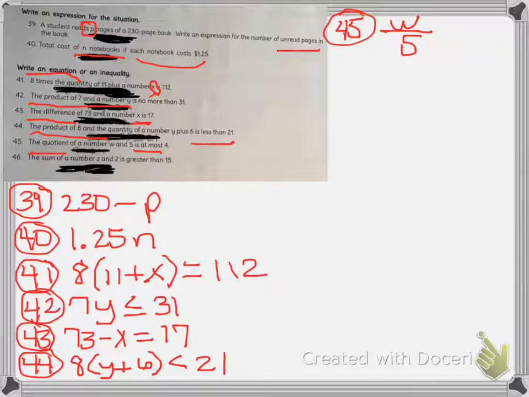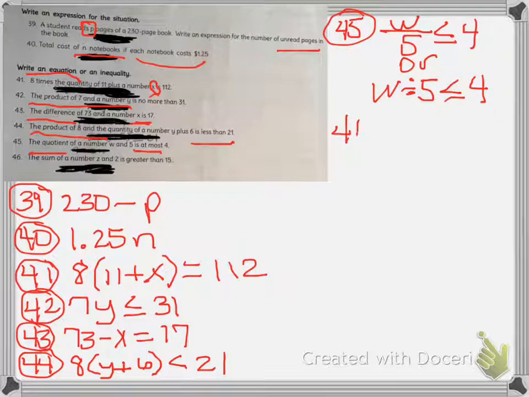So at most means it's not going to be higher than 4. So we're going to have less than or equal to 4. You could also write this out as w divided by 5 is less than or equal to 4.